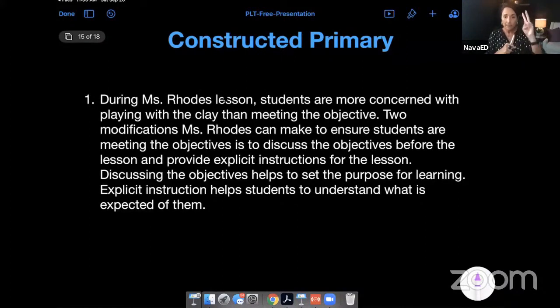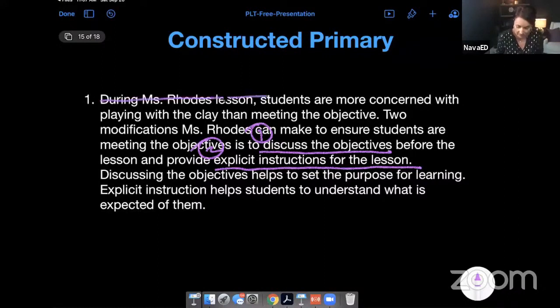Here's the second one, and provide instructions, explicit instruction for the lesson. Notice that I have the 2 things. Hang on, Ms. Rhodes can make is 2. Number 1, discuss the objectives. There's number 1, and provide explicit instructions. Number 2.